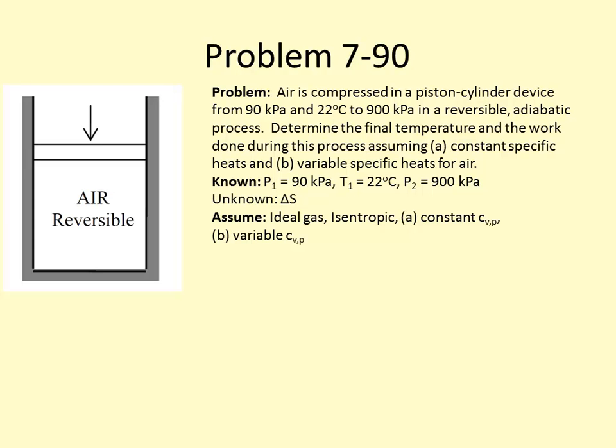For air, k is equal to 1.393. We know our initial and final pressure and our initial temperature, which is 295 Kelvin. Again, you have to use Kelvin. 900 divided by 90 kilopascals to the 0.393 over 1.393. So this gives us a final temperature of 564.9 Kelvin.